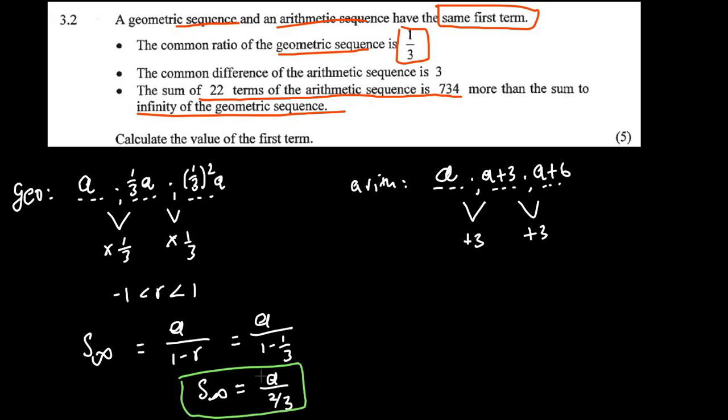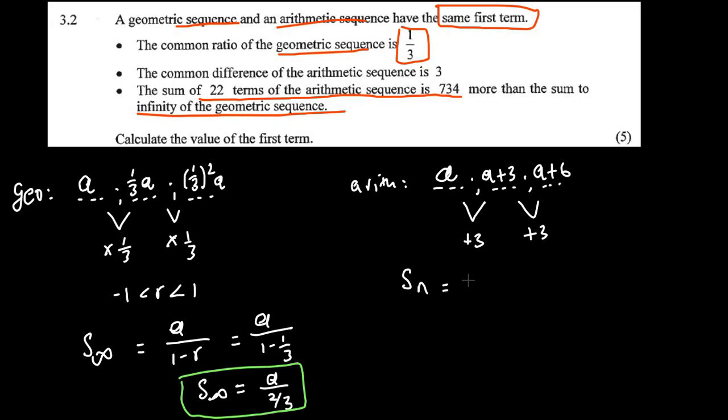I'm calculating it because they talked about it. And then they said the sum of 22 terms of the arithmetic. So if I calculate the sum of 22 terms for the arithmetic, I would say S of 22 is equal to 22 over 2. Let me write the formula first, by the way.